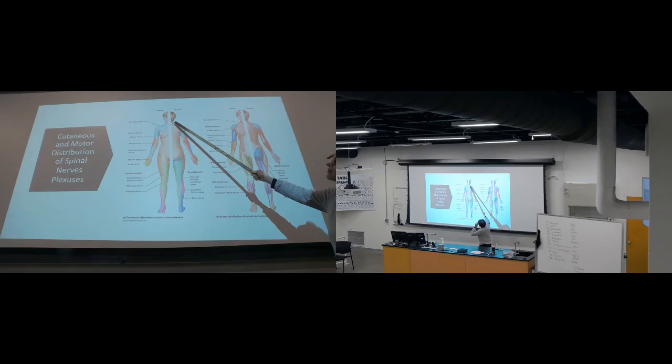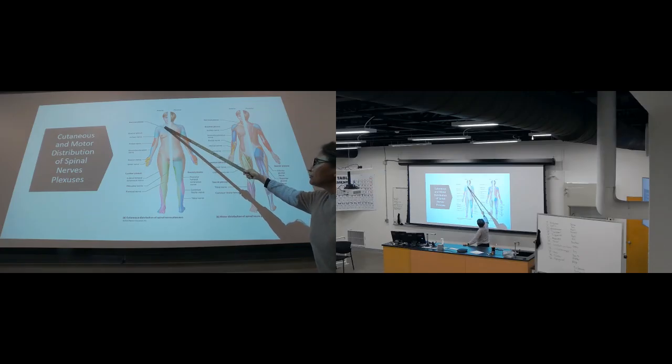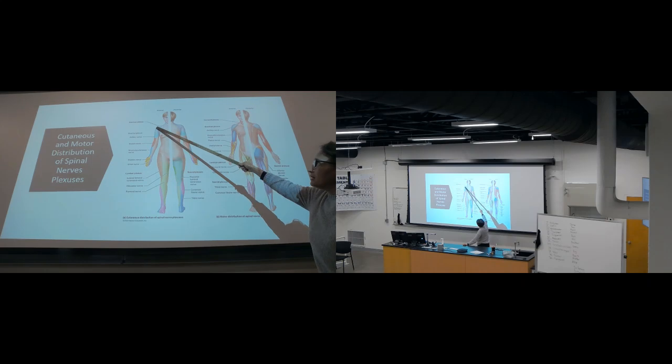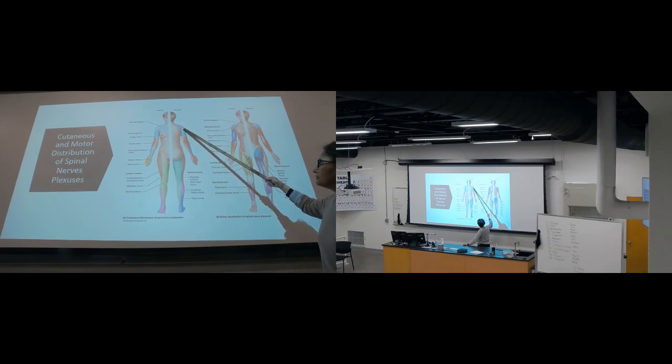So here is the cervical plexus, providing information, sensory and motor, anterior part of her neck, lateral part of her neck, upper part of the thoracic area, shoulder area, both anterior and posterior.